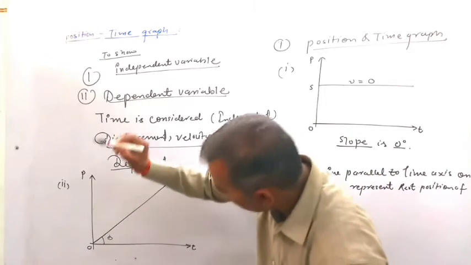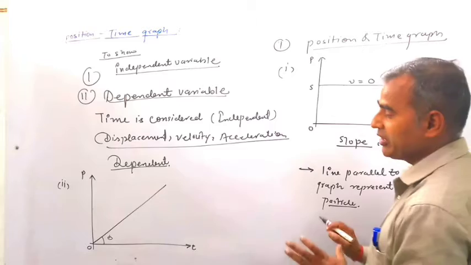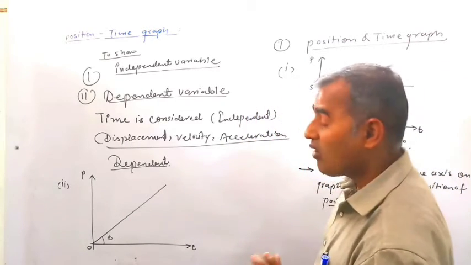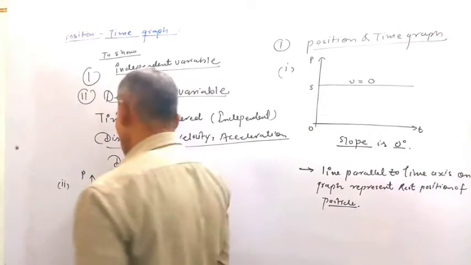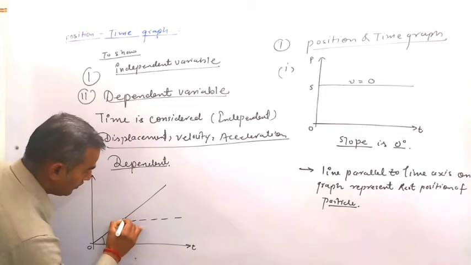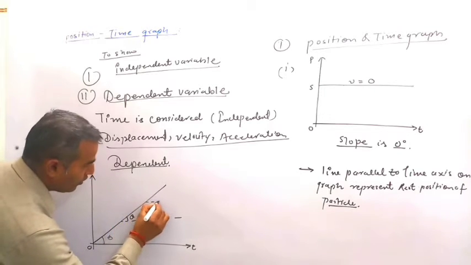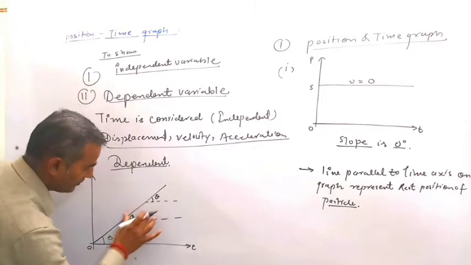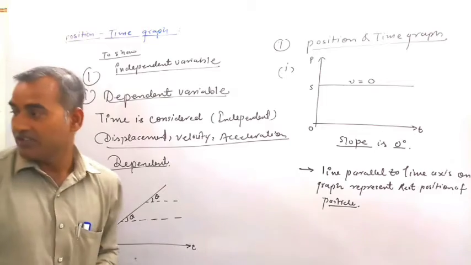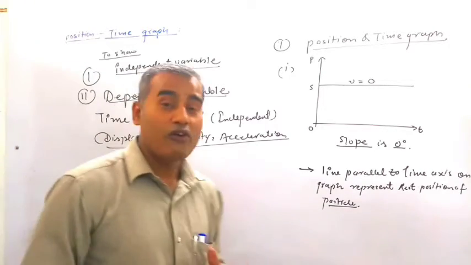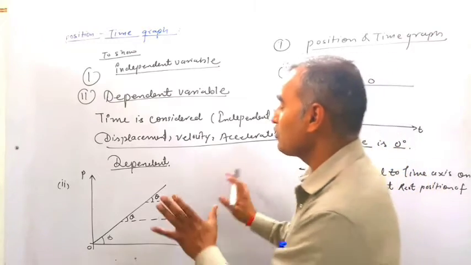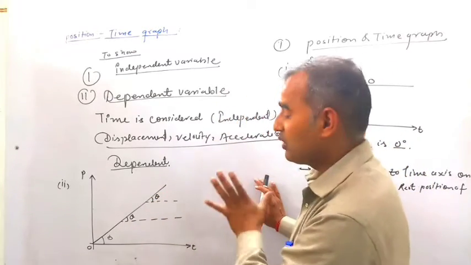Here the angle being formed is theta, and therefore this shows a uniform gradient. Means you look, the gradient value is always equal. At this point, at this point, always theta, theta, theta. So the graph gradient is uniform, the value remains unchanged, and therefore this shows the uniform velocity.